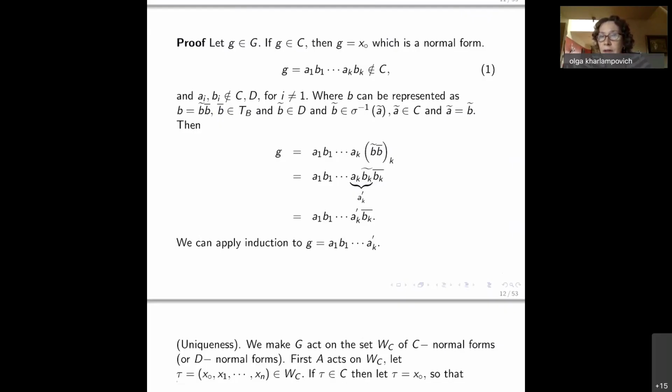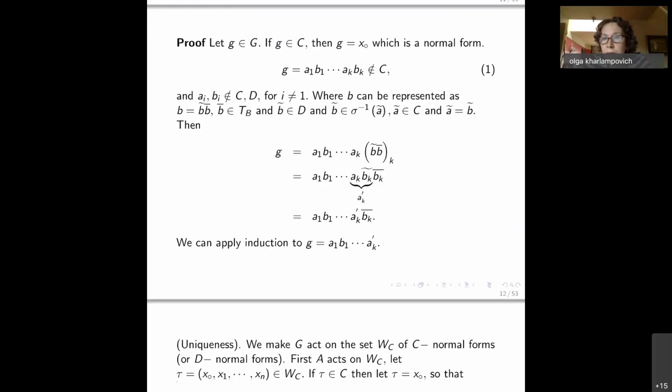And then an element from D times an element from B is also an element from B, because D belongs to B. So I can just make this product shorter and use induction. So we assume that none of them belongs to C, and therefore none of them belongs to D.